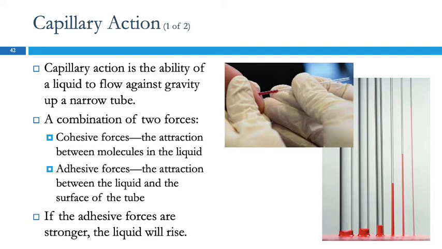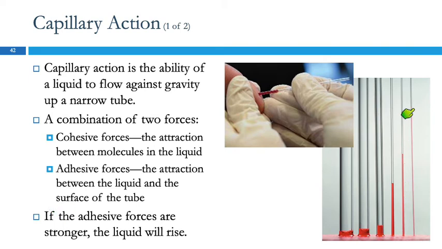So what's going on here? There are two forces. There are cohesive forces, the attraction of the molecules to other molecules in the liquid, that cohesion, sticking together, right? And then there are adhesive forces, the attraction between the liquid and the surface of the tube.